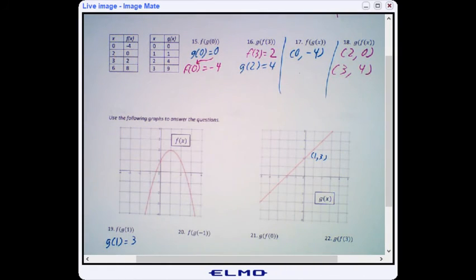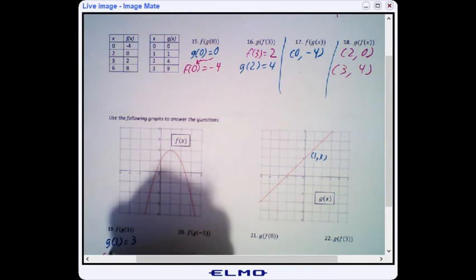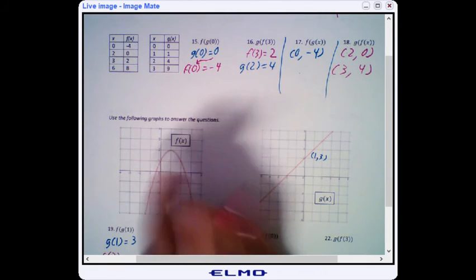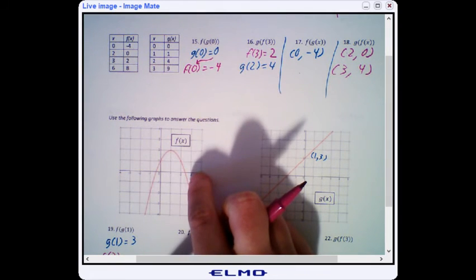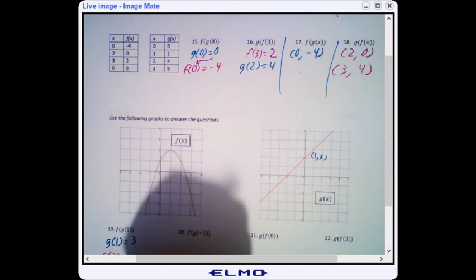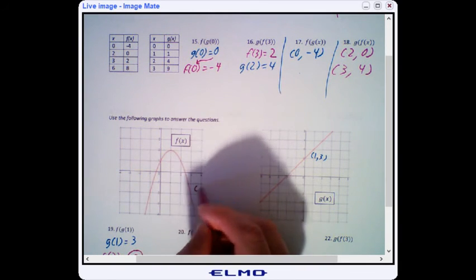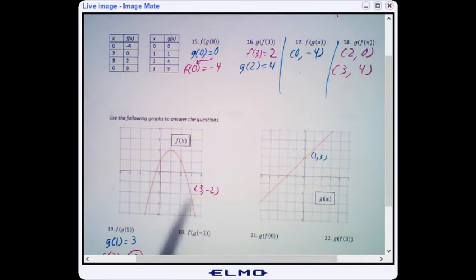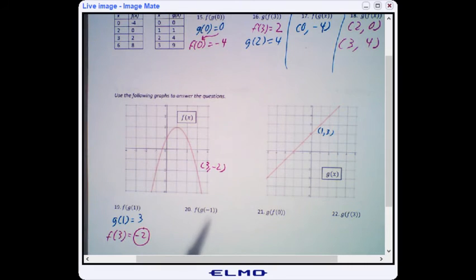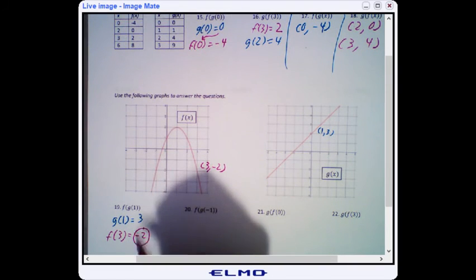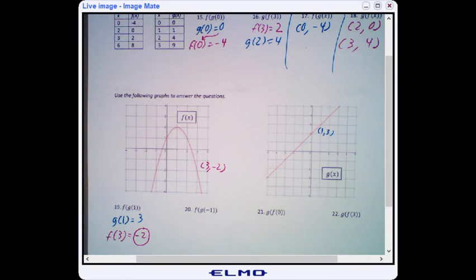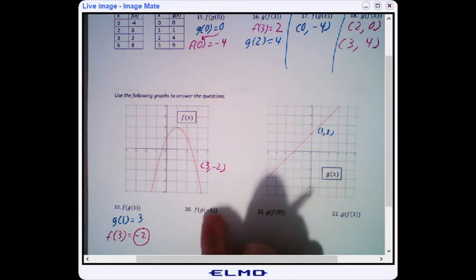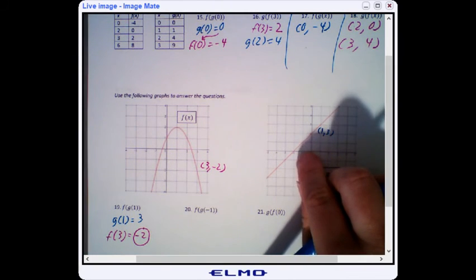That output now becomes my next input. So I'm going to do f of 3. I'm going to find 3 on my x-axis on the f, and then find the y value, which is -2. So the answer here would be -2. f of g of 1 is -2. f of g of -1, so we're going to start at -1 on the x-axis for the g, that's 1.